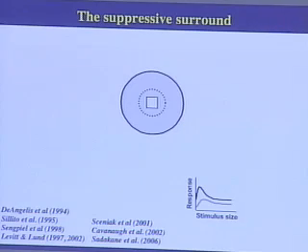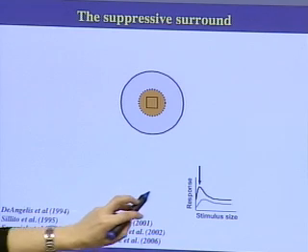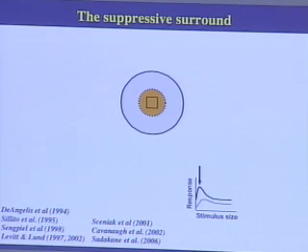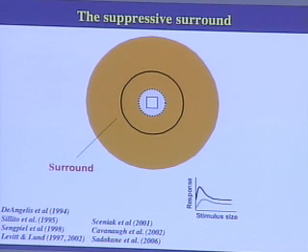Now, in some studies, the receptive field center was defined as the peak of the high contrast size tuning curve, so the summation receptive field at high contrast, and the surround as the region outside it.